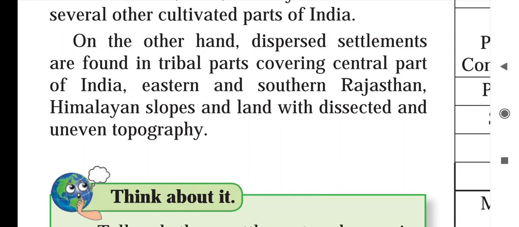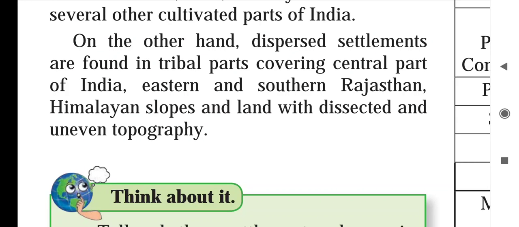Here it is said tribal parts, because in the tribal region, as we know, tribal people live in the forest. The forest is not a place to establish a settlement. The tribal people, suppose they are here today, then tomorrow they will go to another forest, so they are wandering people.